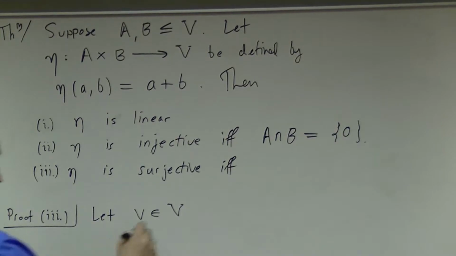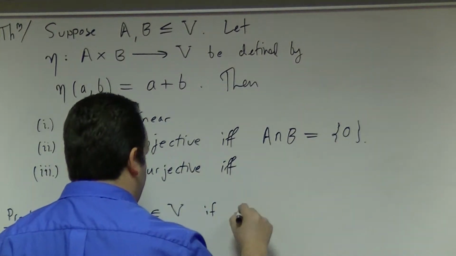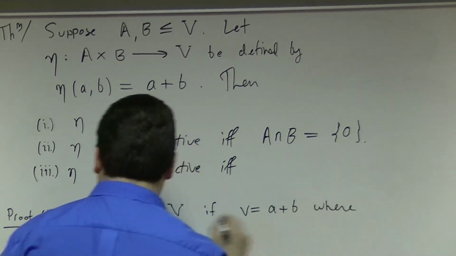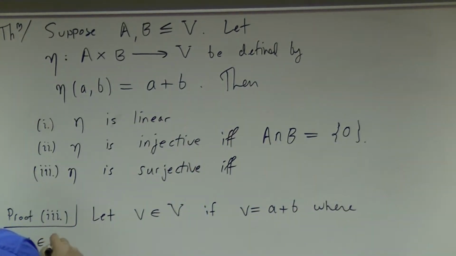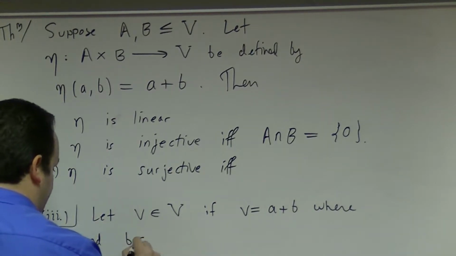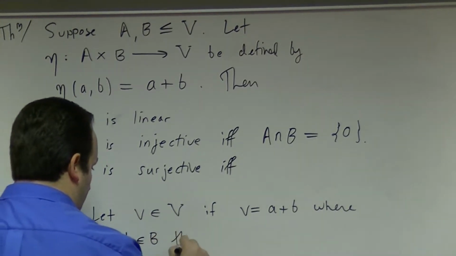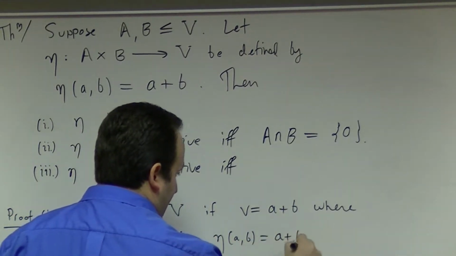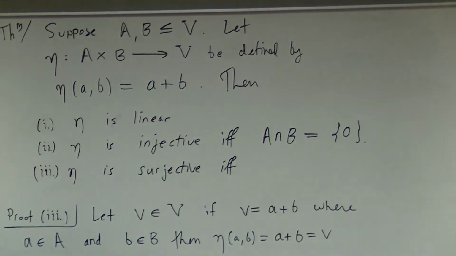So certainly if v is equal to a plus b, where little a is in big A, and little b is in big B, then you can see that eta of (a, b) is equal to a plus b, which is equal to v, right?